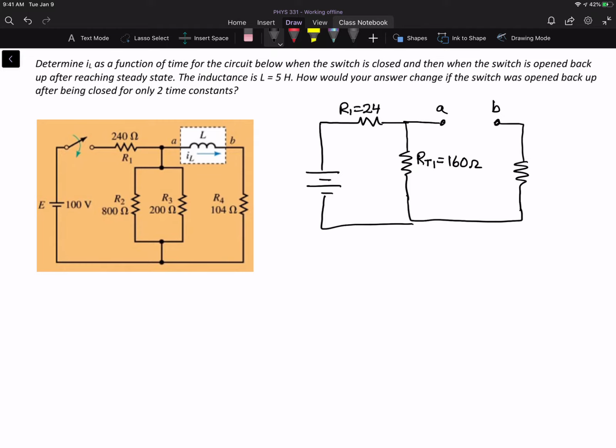So the very first thing that we need to do is find the Thevenin equivalent resistance, which means that we need to remove the voltage supply from the circuit and replace the voltage supply with a short and then see how the resistors are connected. So if I remove the voltage supply, I have a circuit that looks like the following.